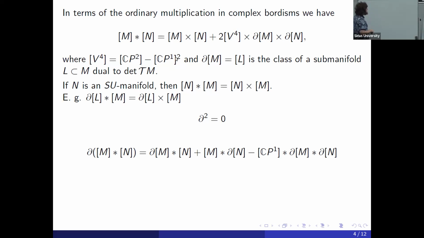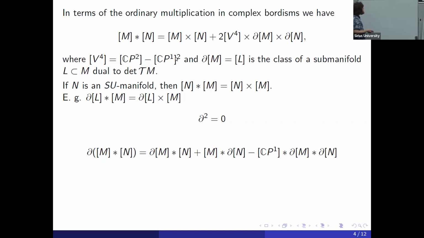What is very interesting for me is what kind of structure this differential has, because it seems like some sort of deformation of the ordinary Leibniz rule, and I don't know what it is. I would be very grateful if somebody could tell me what this is.